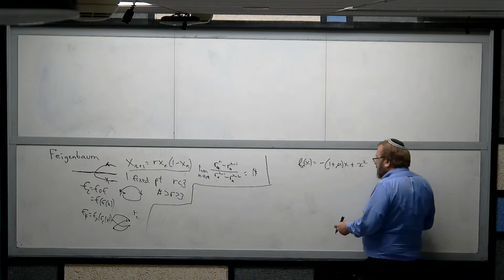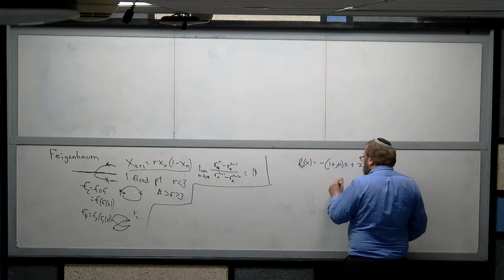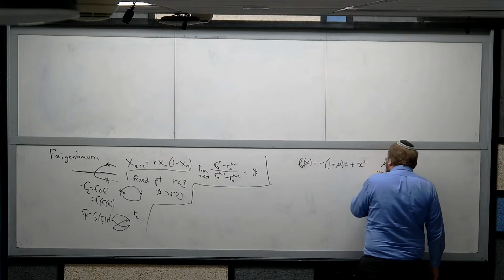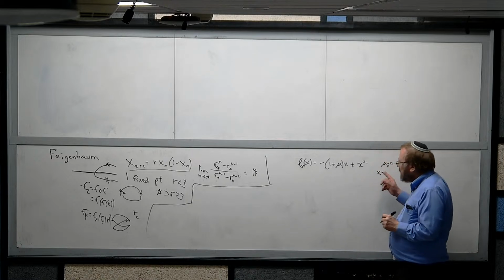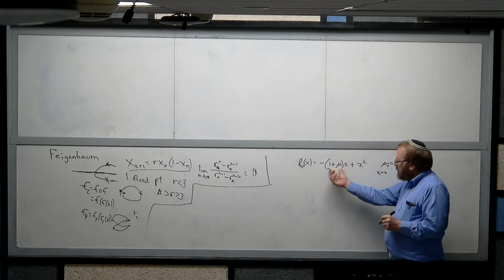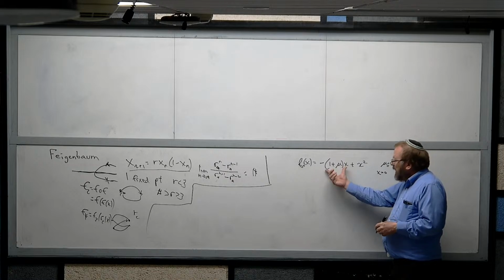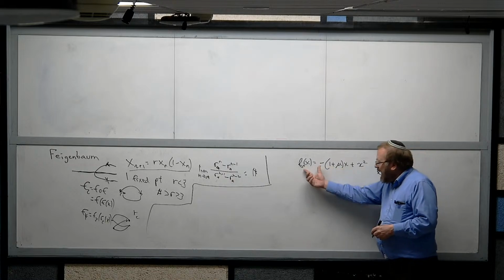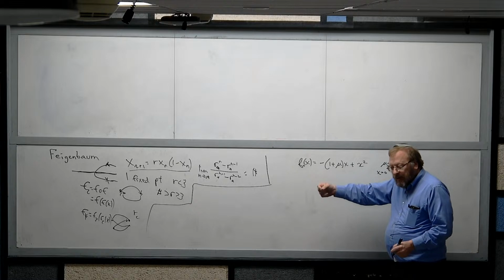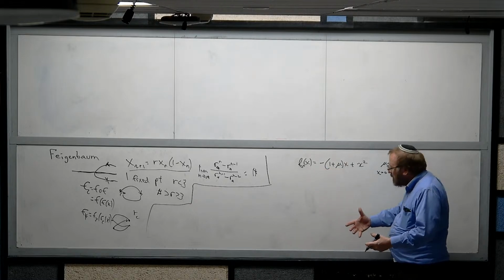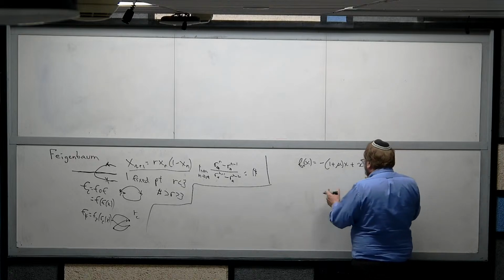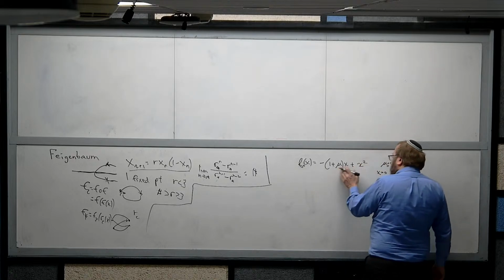Because what happens is that the solution at x equals 0 becomes unstable at mu equals 0. Because the minute mu is slightly bigger than 0, this number is bigger than 1, and then x increases in magnitude. It's getting multiplied by a number bigger than 1.